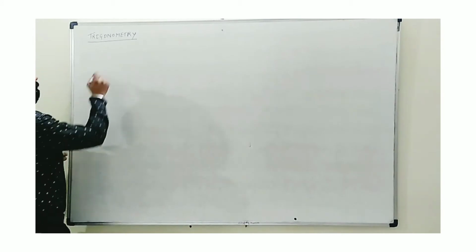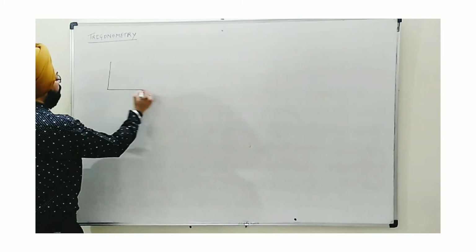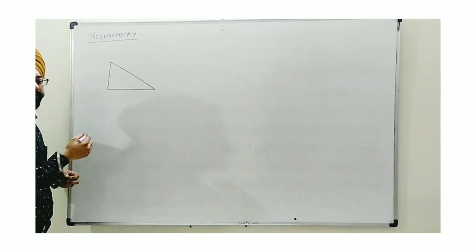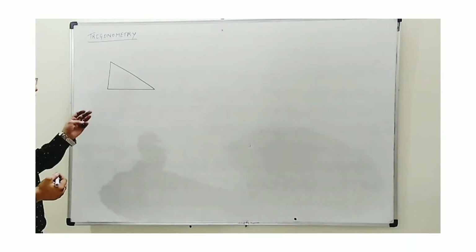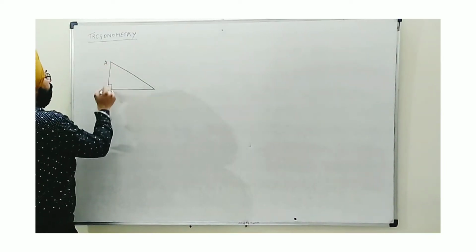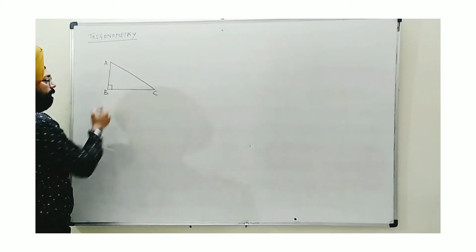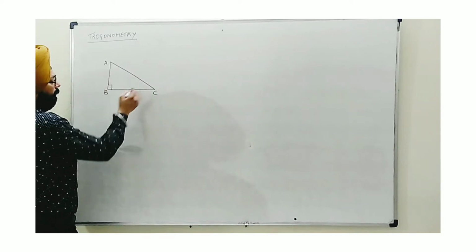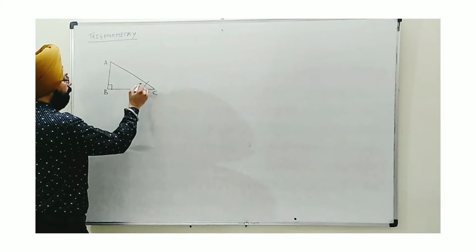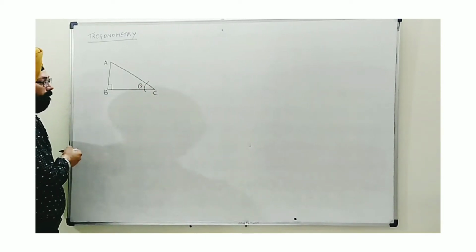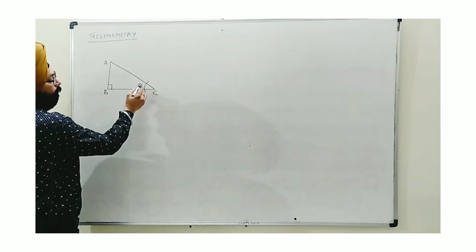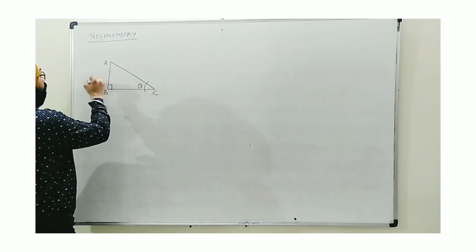The concept actually starts from a right triangle. As you know, most of the things which we are going to see here, you are aware of. In a right triangle, if one angle is 90 degrees, suppose B in triangle ABC, then the other two angles are acute. If one of them I consider as a symbol theta, then by the rules, the side opposite to this theta is known as perpendicular.